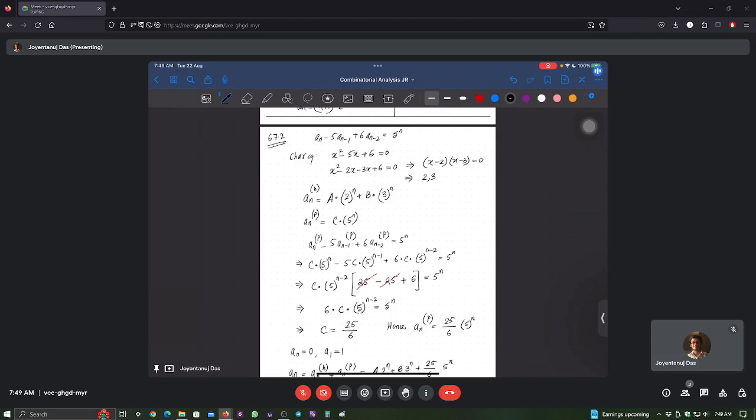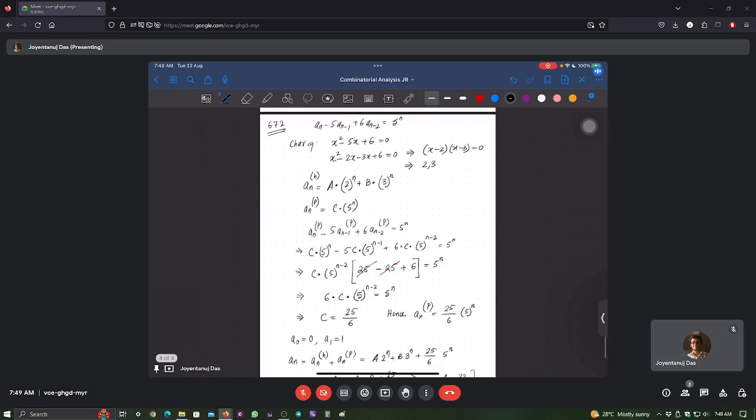That is the way out. So see it quickly: how to do it using generating function.